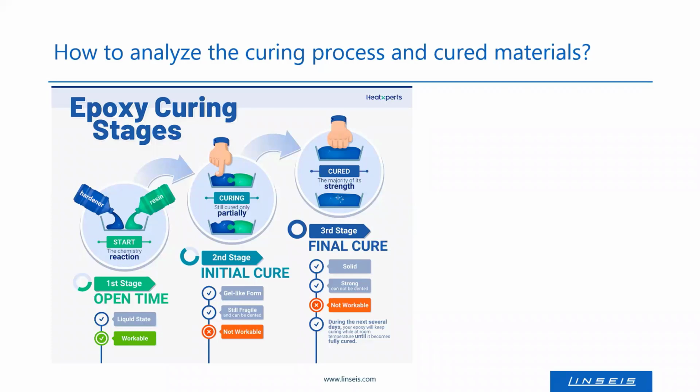This figure here shows a typical two-component epoxy, which is mixed in a first stage. Then in the second stage, the materials react. It comes to the cure process. And after a while, we reach the final cure in the third stage.